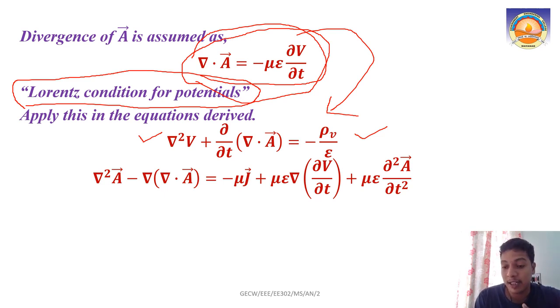So all of you take a paper, write these two equations first and apply this assumption. Whatever you derive from that, once you apply it, is called the wave equation. I want you all to take a paper, write down these equations, and just substitute the value of del dot A.